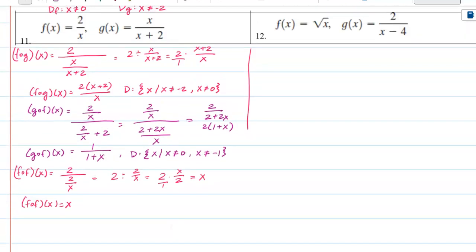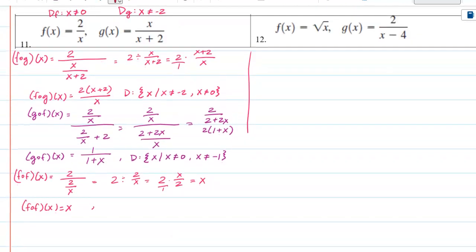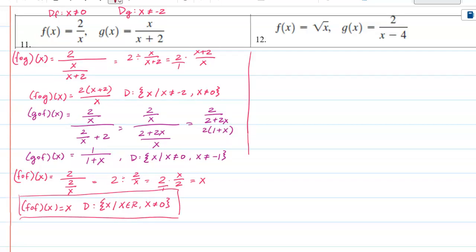The input function was f, so the domain is restricted: x can't be 0. The composite function is a linear function, y equals x, which is all real numbers, so it doesn't have any restrictions. There you go.